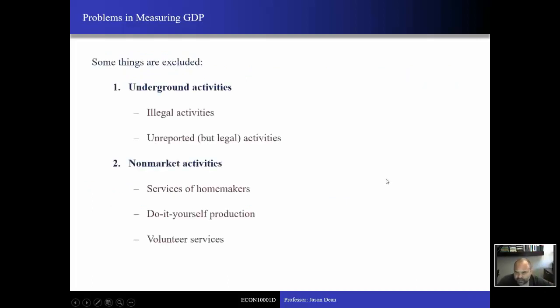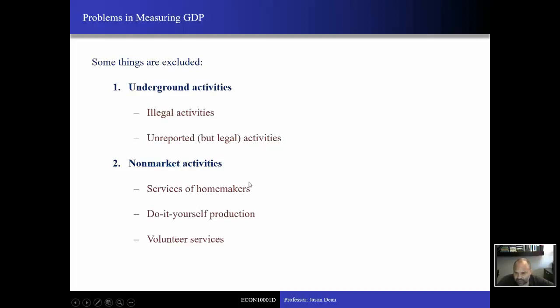So there's some obvious problems with the GDP measure. One important thing is that it doesn't include underground activities. So there's a lot of production that's done in the economy that's unreported. So obviously illegal activities, or unreported but legal activities. So these things aren't included in GDP.